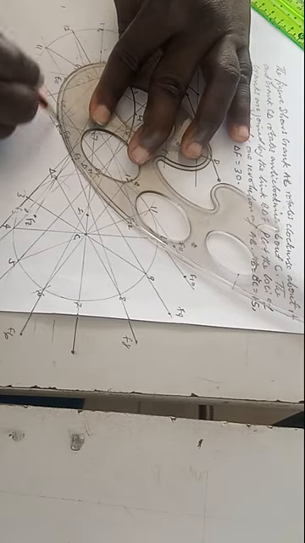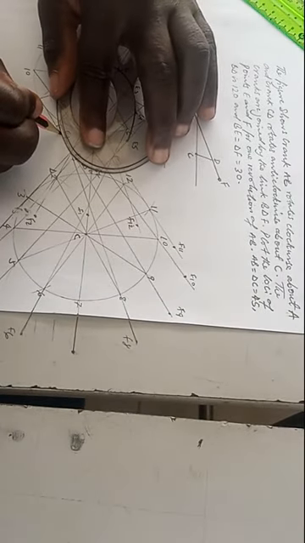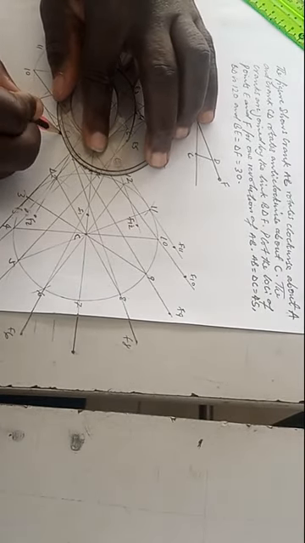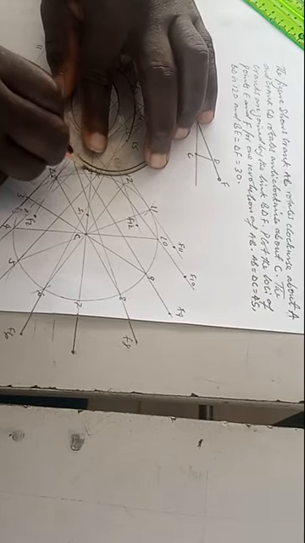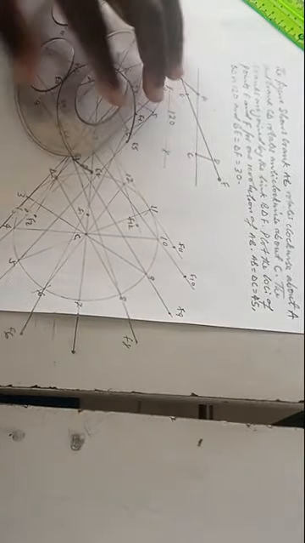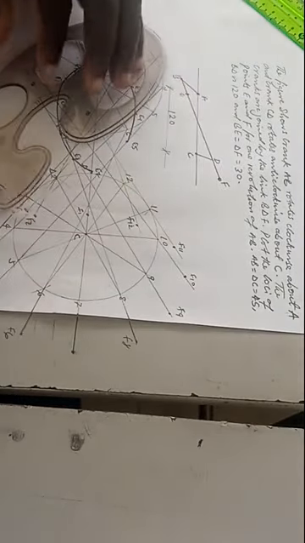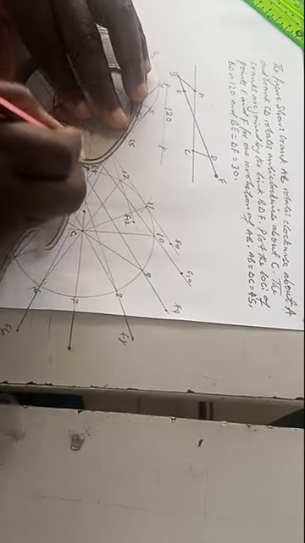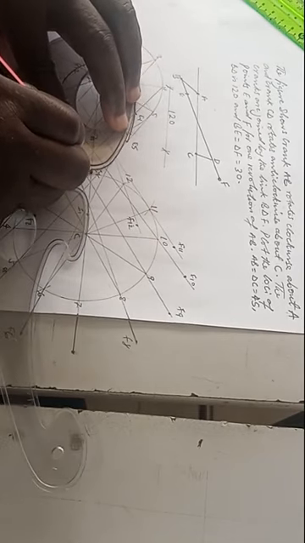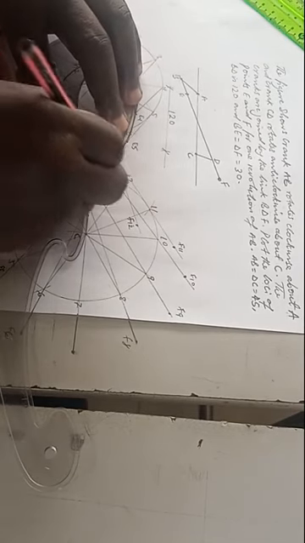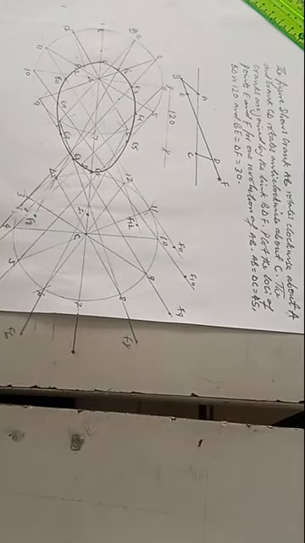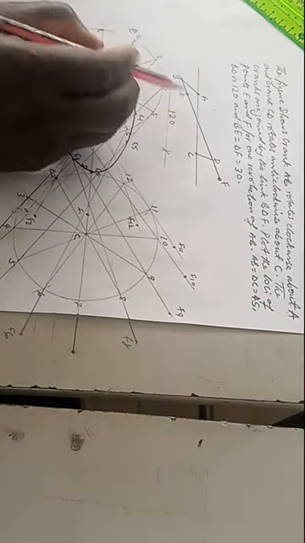And join these ones. There, this portion. Let's join this side, so that's the locus of point E.